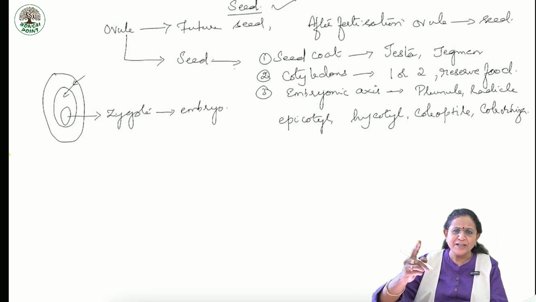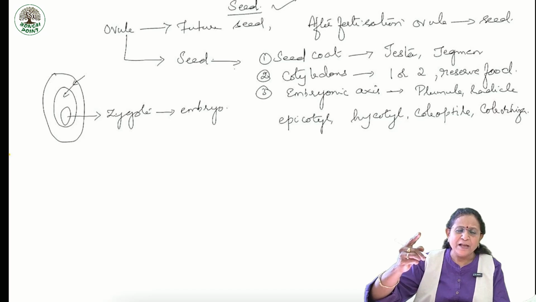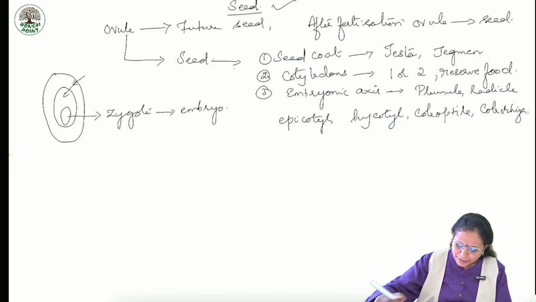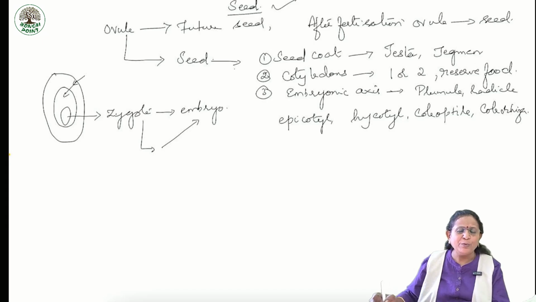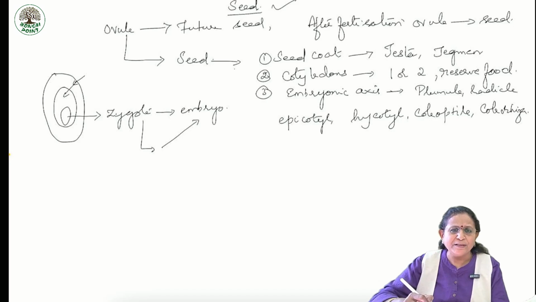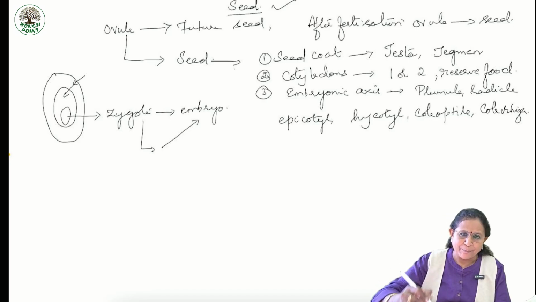In this phase, the zygote has to undergo division, so for the division of the zygote to form an embryo, food is necessary.